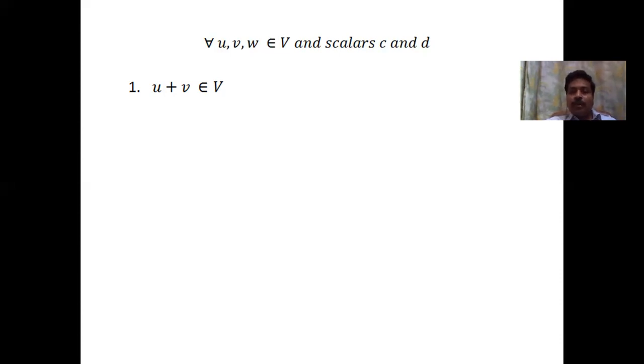Suppose I have taken some non-toxic liquids as my group. When we say that it is a vector space, it satisfies all the conditions which we are going to discuss, as well as this first condition.